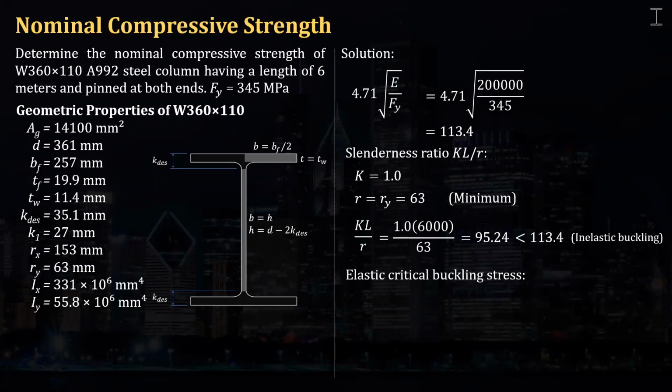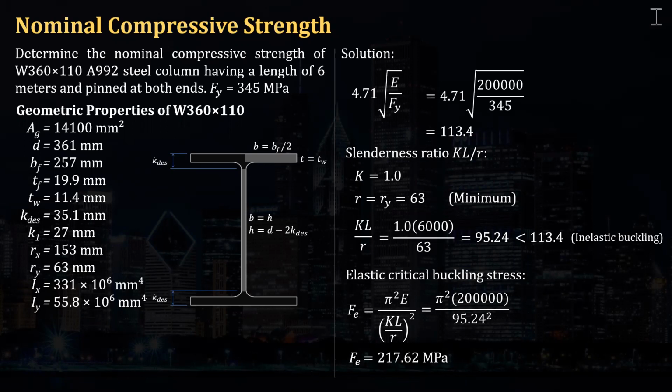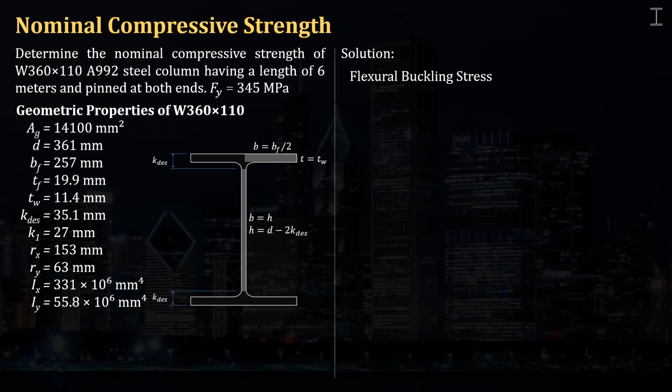Okay, so calculating the elastic critical buckling stress, or the Euler buckling stress, that is pi squared E over KL over r squared, and that is pi squared times 200,000 megapascals over 95.24 squared, and that will give us 217.62 megapascals. After that, we can now calculate the flexural buckling stress, Fcr.